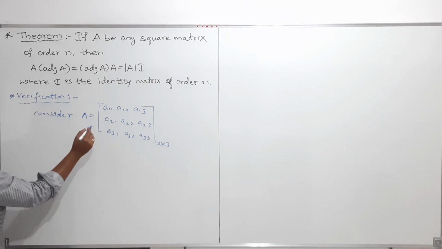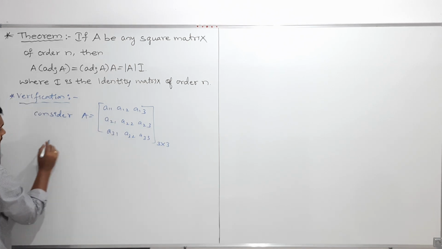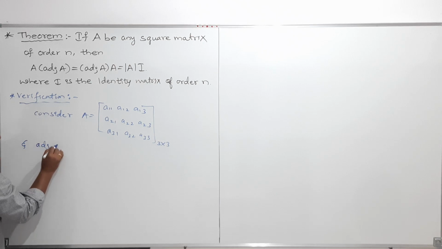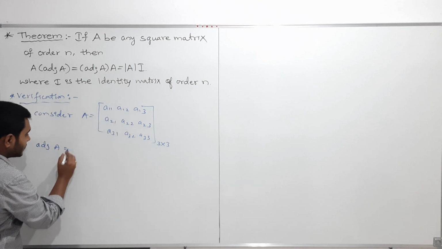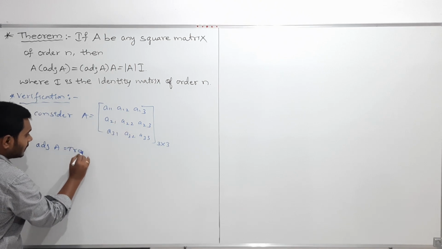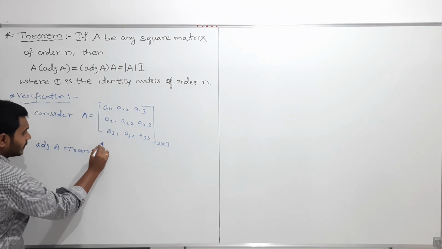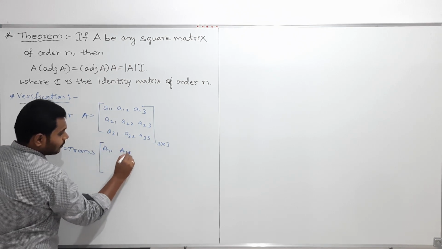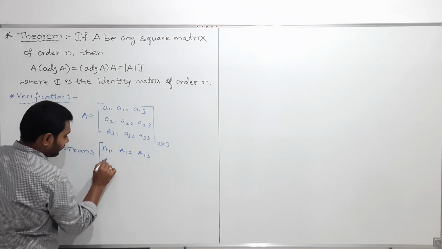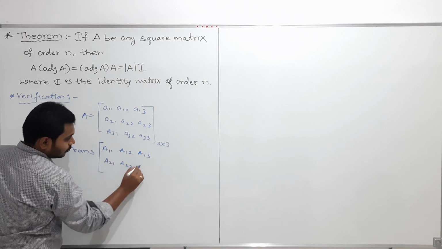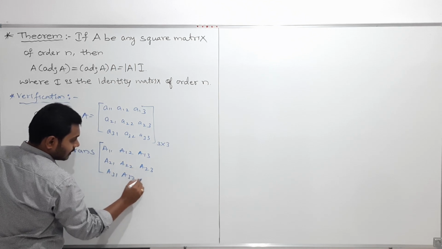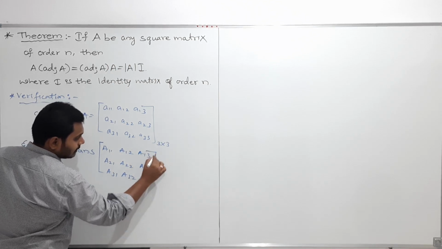Now we know how to find the adjoint of this A. Adjoint of A is the transpose of the matrix with entries capital A11, A12, A13, A21, A22, A23, A31, A32, A33.